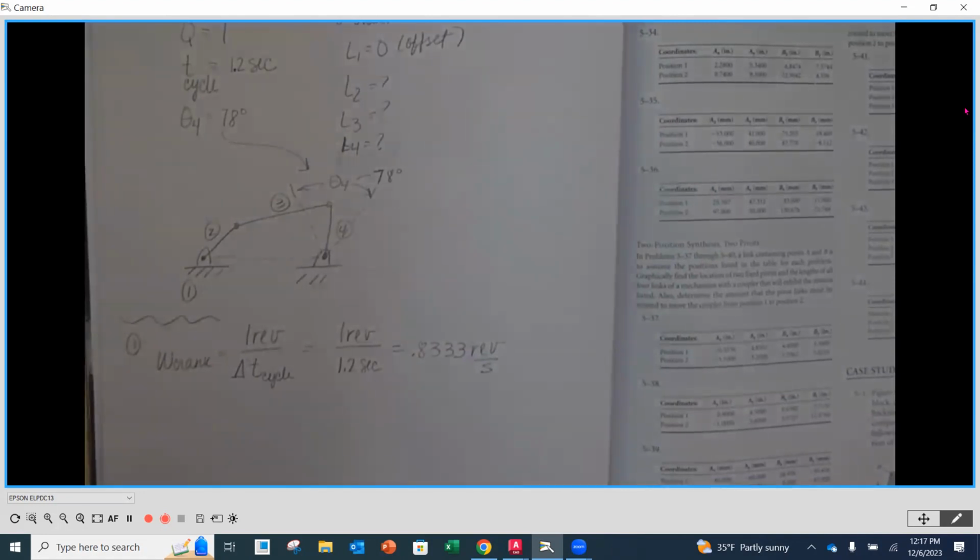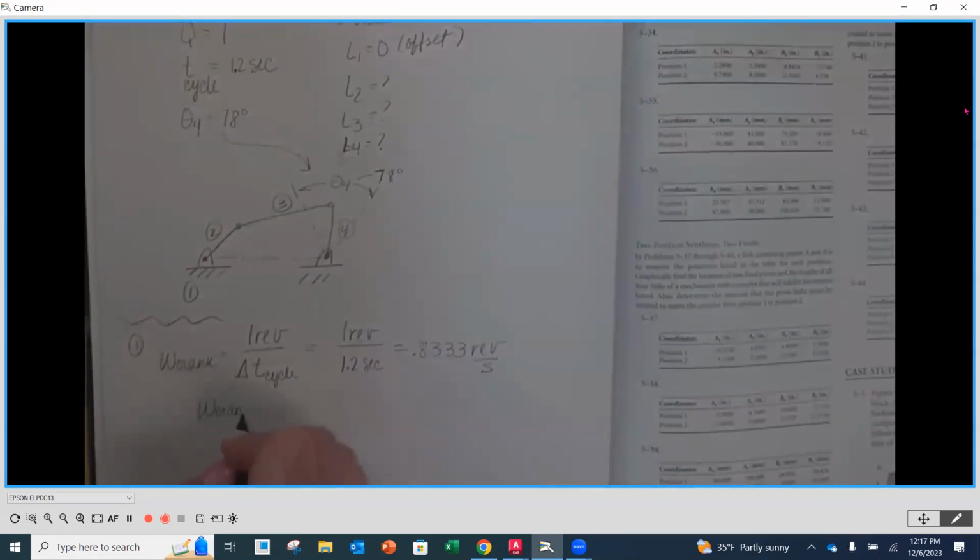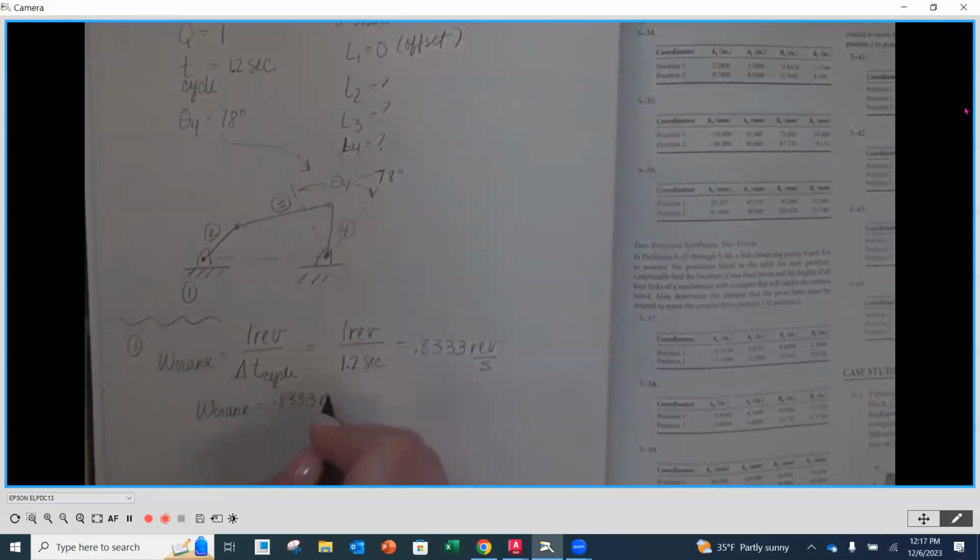Now, as we know, that's not like the units that we normally express angular speed in. So we want to change that to RPMs. So our W of our crank is going to be equal to 0.8333 revolutions per second. And we just want to convert that to revolutions per minute.